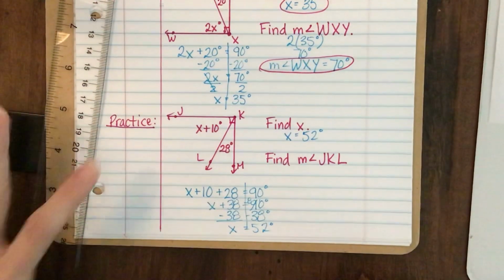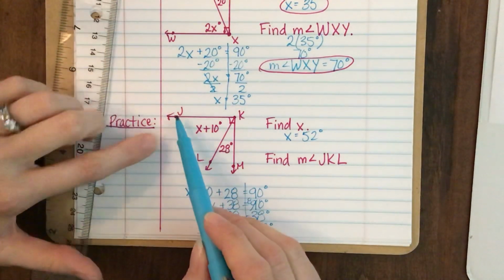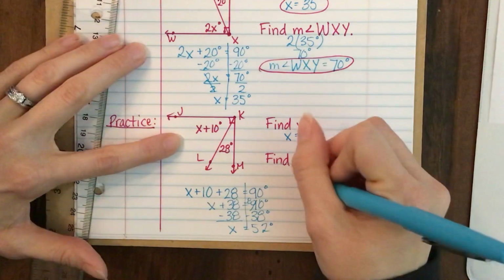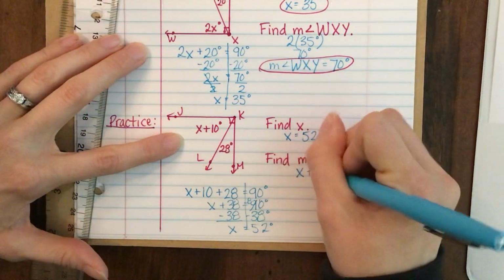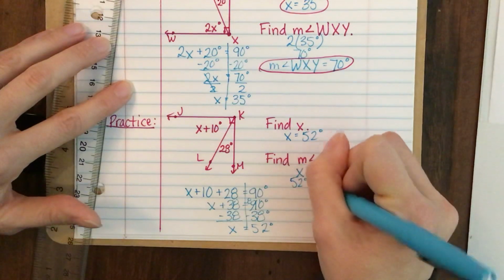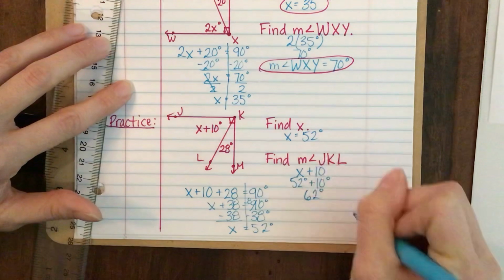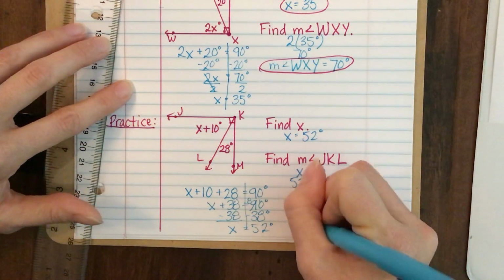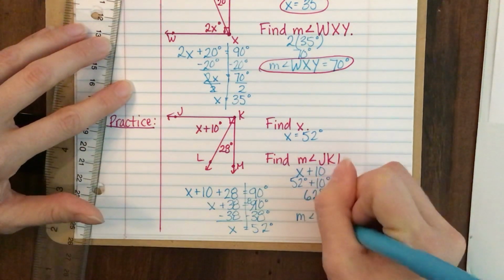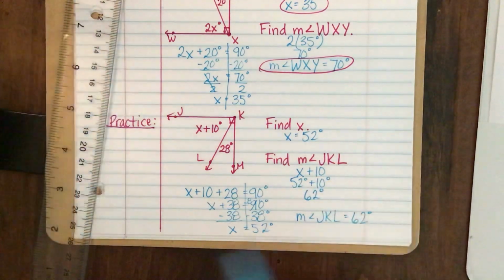Now we're going to plug into this expression right here to find out the measure of JKL. So x plus 10. So I'm going to go ahead and do 52 degrees plus 10 degrees is equal to 62 degrees. So we can say the measure of angle JKL is equal to 62 degrees.